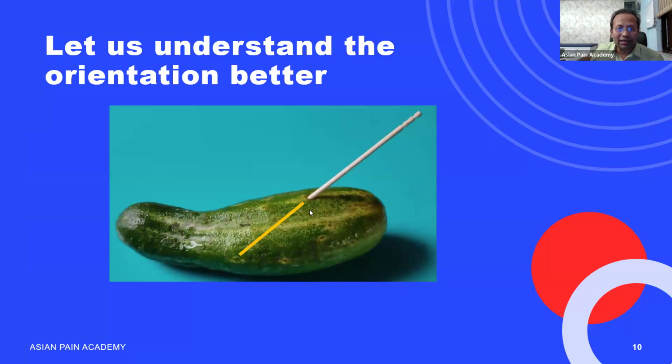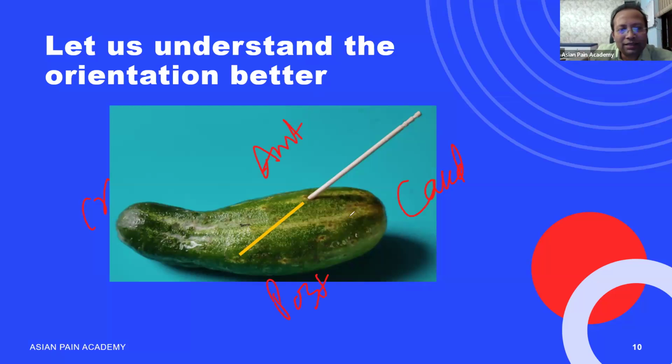Say this side is your cranial side, let me annotate it here. So this side may be the cranial side and this side may be the caudal side. And this side may be the anterior side and this side may be the posterior side.